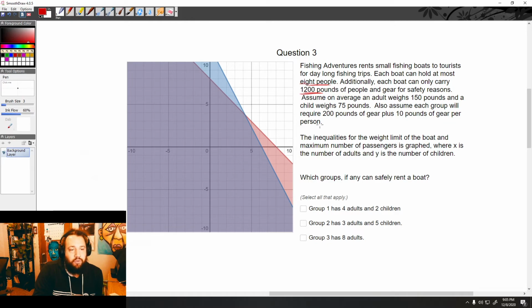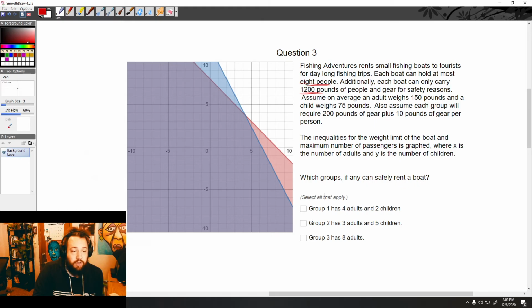So, basically, I think what they have going on here is two different equations, probably one for adults and one for children. It says which groups, if any, can safely rent a boat.